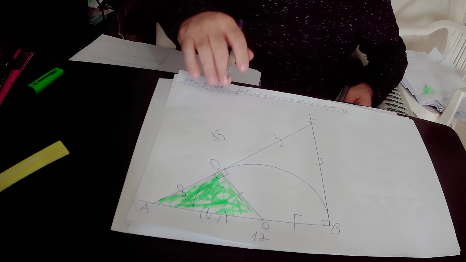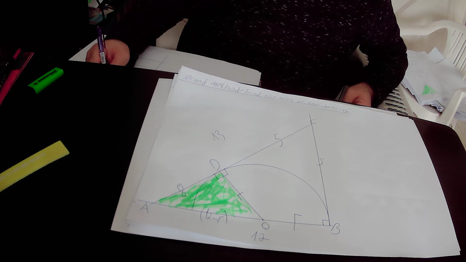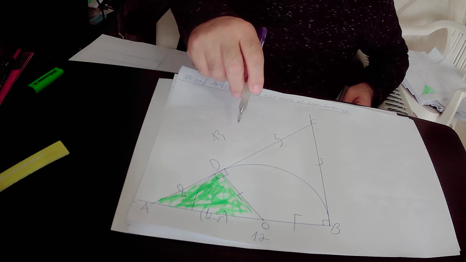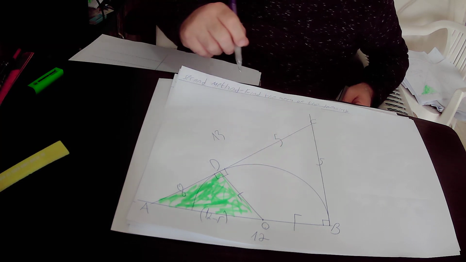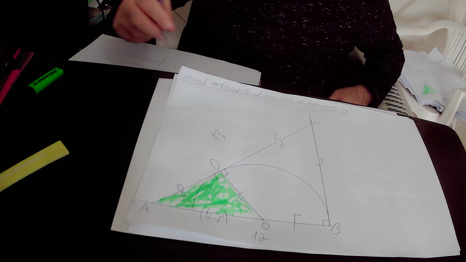The hypotenuse of the green triangle is AO, so the square of the hypotenuse is AO squared. And it equals the sum of the squares of the perpendiculars, that is to say, it equals DO squared plus AD squared.